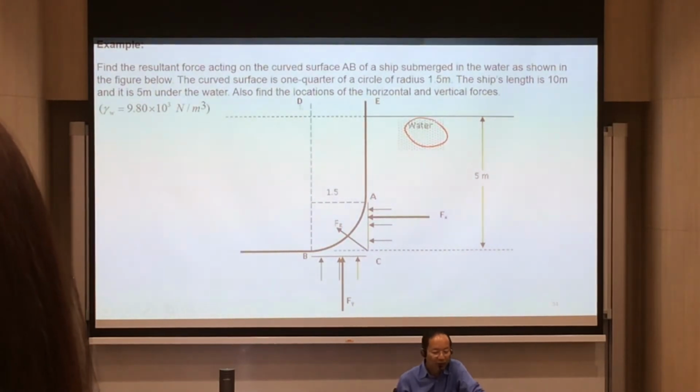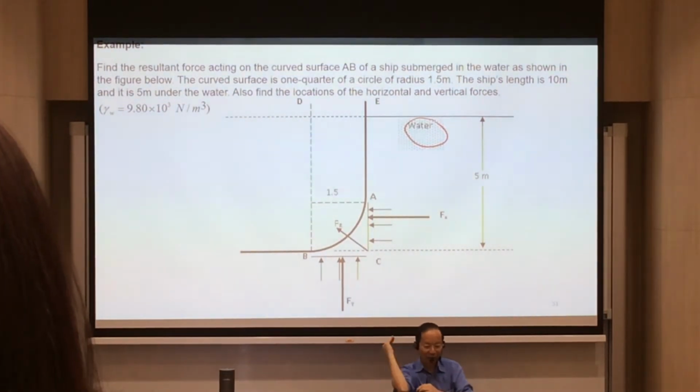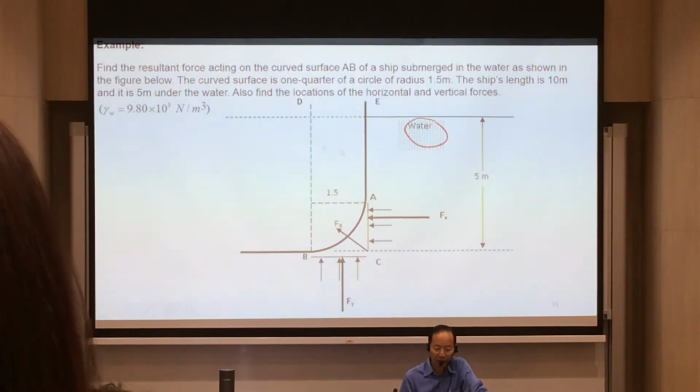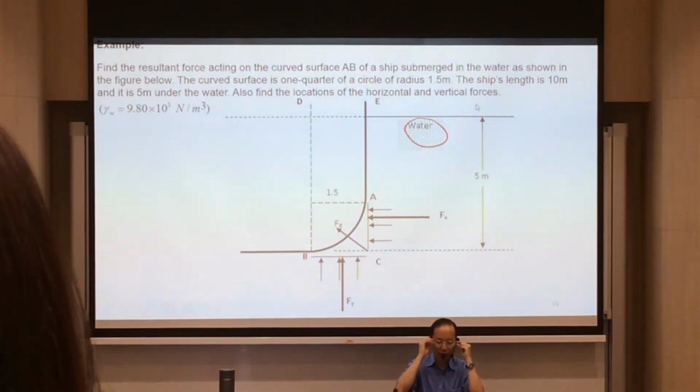The ship's length is 10 meter. So the length of the curved surface, the length of the ship is 10 meters. So it's not a very big ship, small ship. And it is 5 meters under the water. See the 5 meter here under the water. So also find the location of the horizontal and the vertical forces.